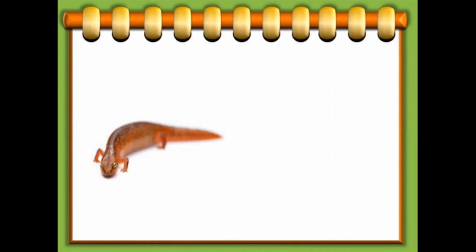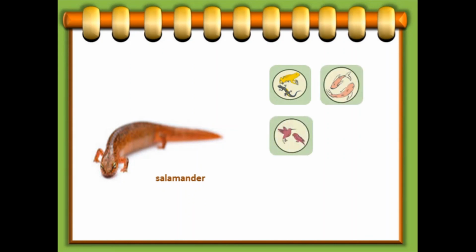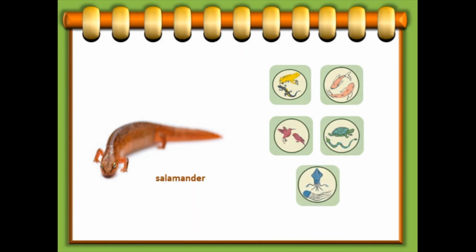Now, let's have the last picture. This is a salamander. What type of animal is a salamander? Is it amphibian, fish, reptile, or invertebrate? Great job! It's an amphibian.